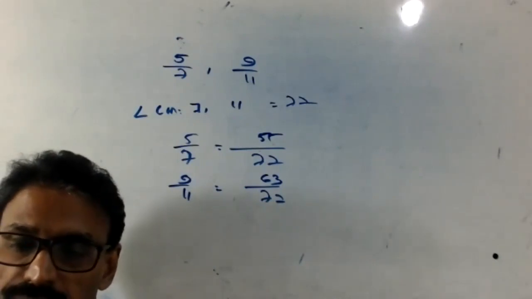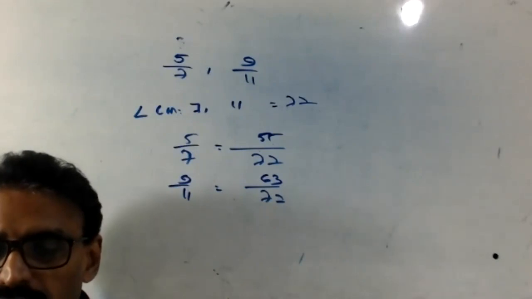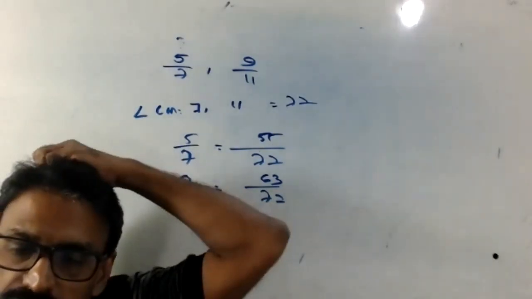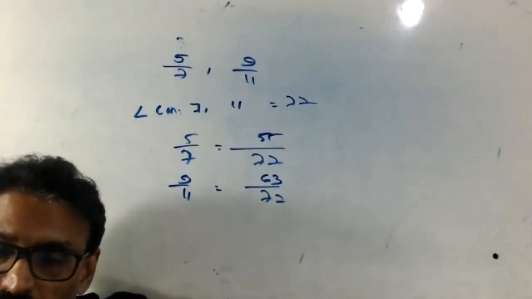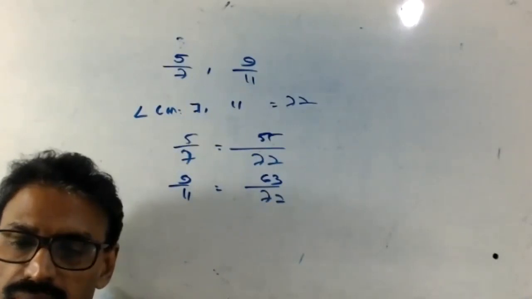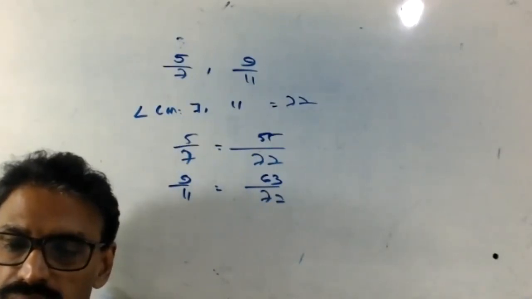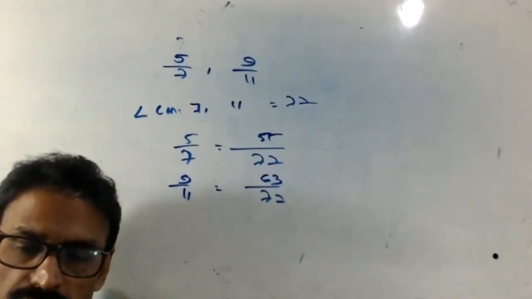Irrational numbers you cannot write now. I told you to write 3 rational numbers. Okay. Anyone have a doubt? Come on, fast.